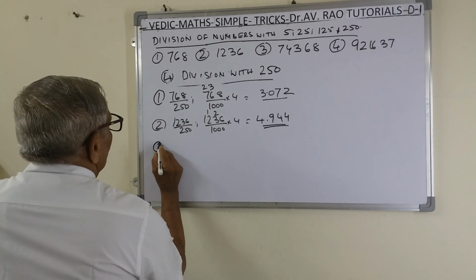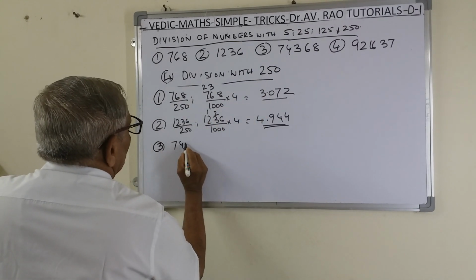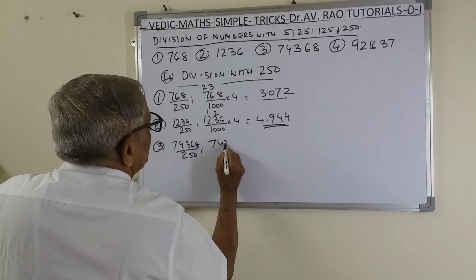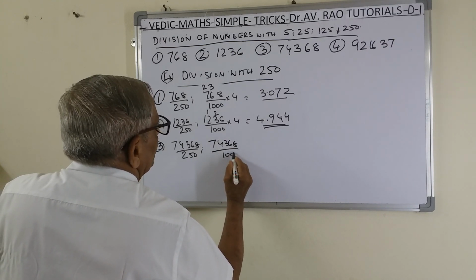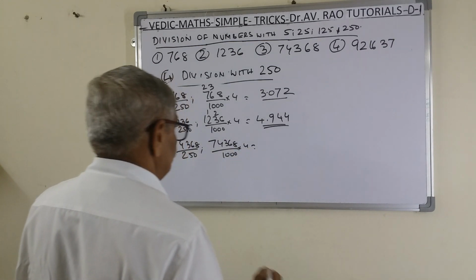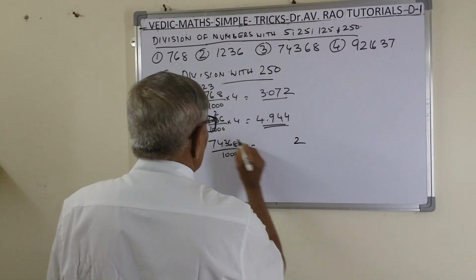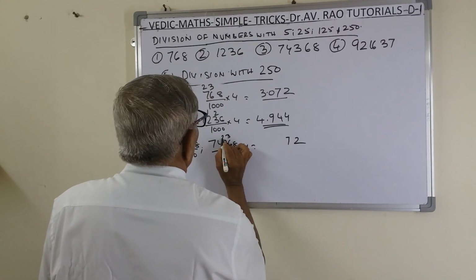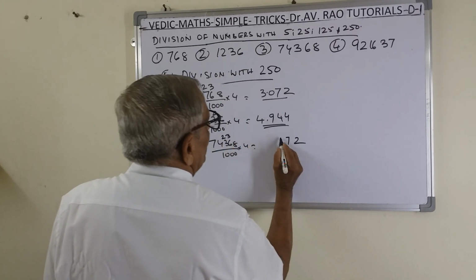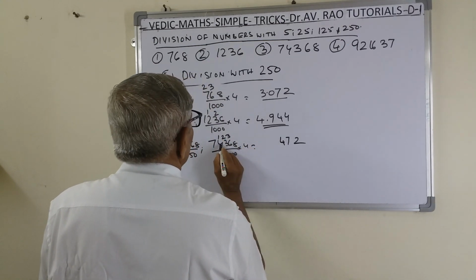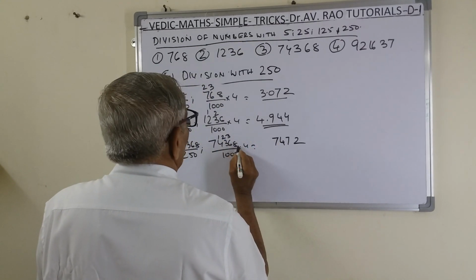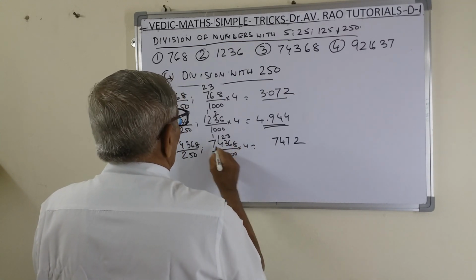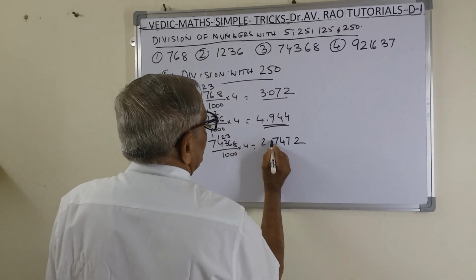Coming to third example, 74368 by 250. 74368 by 1000 into 4. 4 8s are 32, 3, 4 6s are 24 plus 3 is 27, 2, 4 3s are 12 plus 2 is 14, 1, 4 4s are 16 plus 1 is 17, 4 7s are 28 plus 1 is 29.